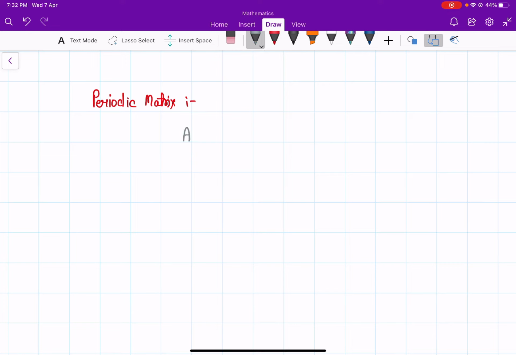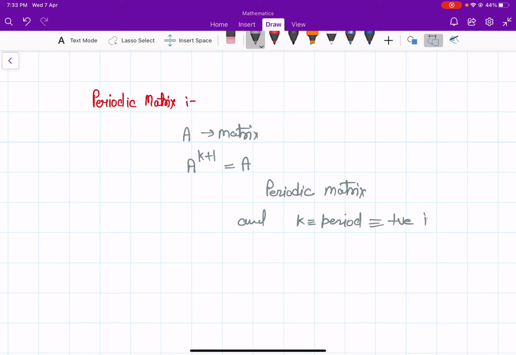If we consider A is a matrix, so if A to the power k plus 1 is equals to A, then the matrix should be periodic matrix, and its period will be K, where K is positive integer. So this is the condition for the periodic matrix.